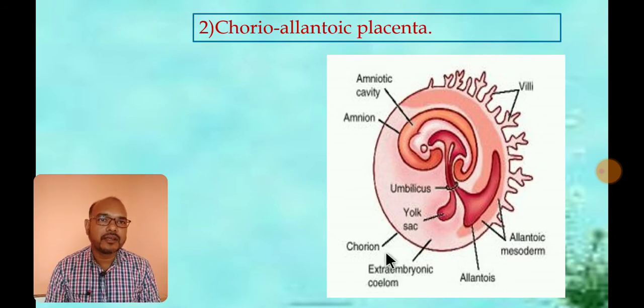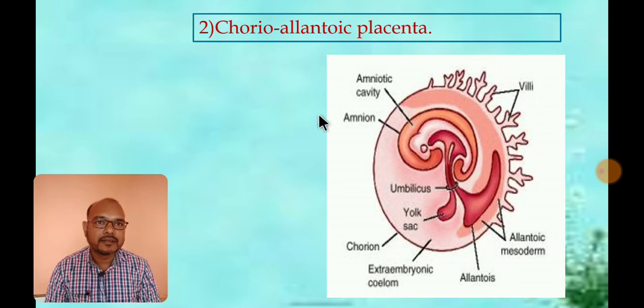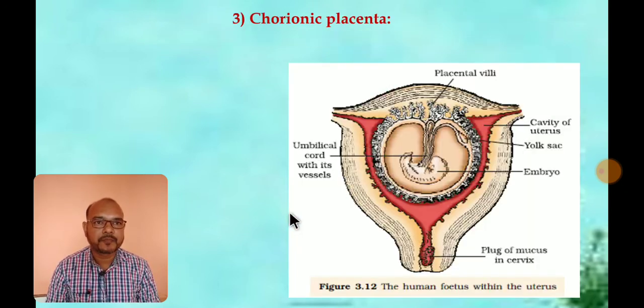And the second one, the chorioallantoic placenta. Here the developing embryo attaches with the allantois of the mesodermal origin, with villi projections.